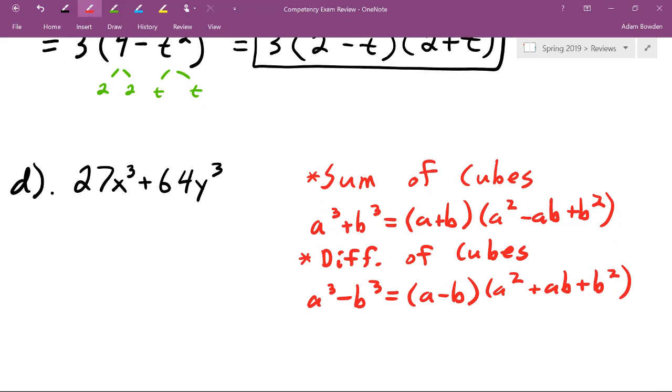So in this case, let's recognize what's being raised to the third power to get to 64 and 27. Well, 3 cubed is 27, and along with the x are being raised to the third power. And 4 raised to the third power is 64.